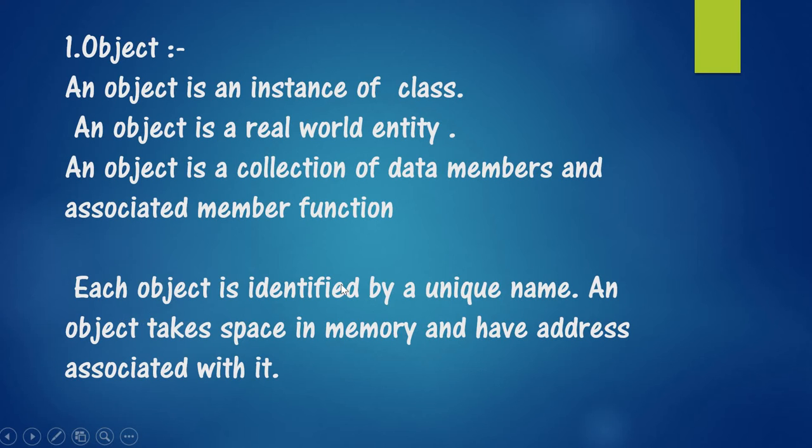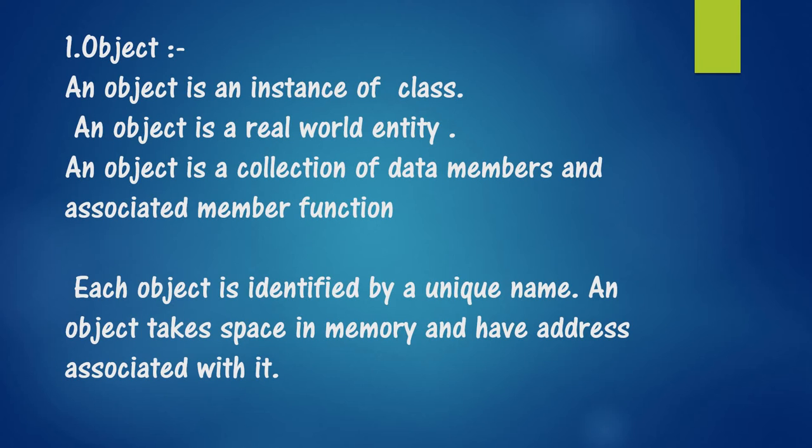Then each object is identified by a unique name. Suppose one student. How can you identify one student? With his name. Like that, each object has one name, or each object is identified by a unique name. So 5 students means 5 students have different names.